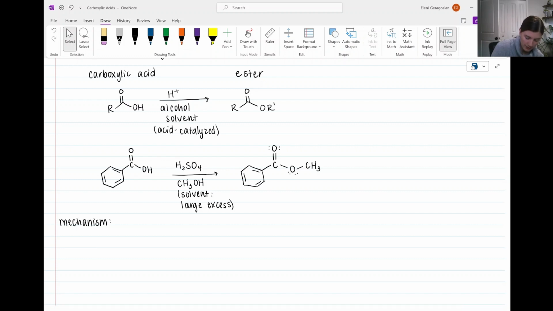Instead of drawing out the phenyl ring, we'll abbreviate that with a Ph, capital P, lowercase h, that represents phenyl. So we have our starting material, carboxylic acid. Now, this occurs in acidic conditions. And so the first step is to activate the carbonyl.